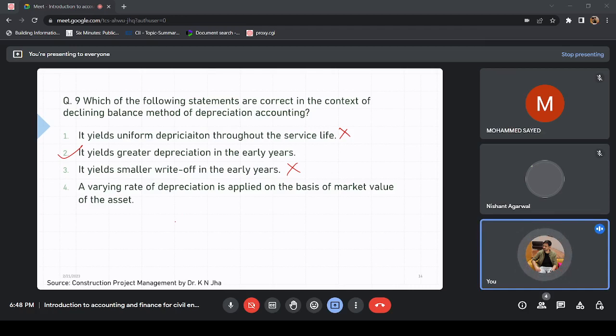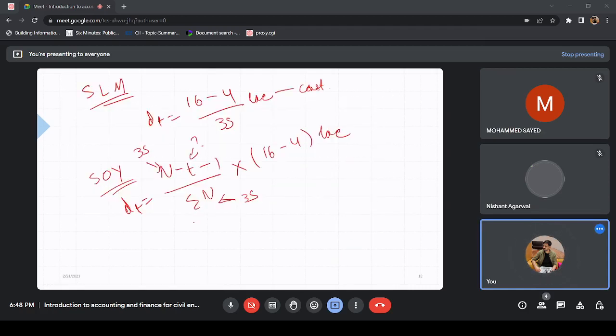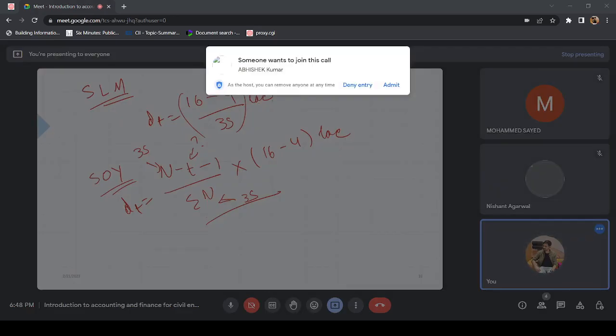Coming to one, this is your depreciation by straight line method, right? 16 minus 4 by 35. Now this is fixed for each year, so this is uniform. In case of double declining balance method, we were getting 2 by 35 depending on the book value, right? So the rate of depreciation is uniform.